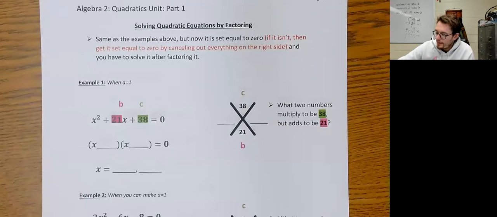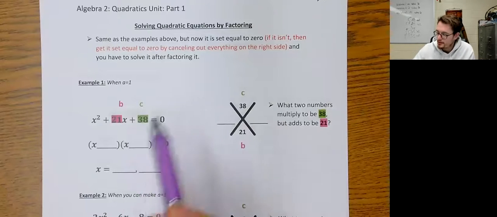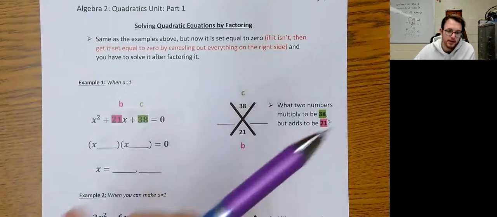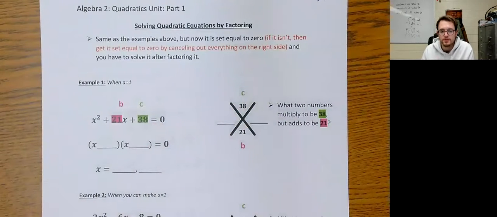So these are no longer expressions, right? In the last part, these were all expressions. Now they're equal to zero, and you want them to be equal to zero. So if you have a quadratic problem and it's asking you to solve for or solve the quadratic, and if it's not set equal to zero, you need to get it set equal to zero.